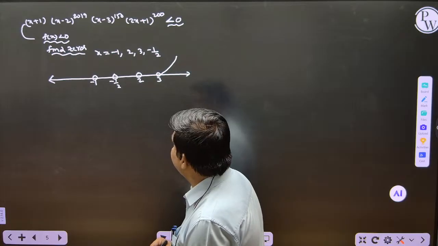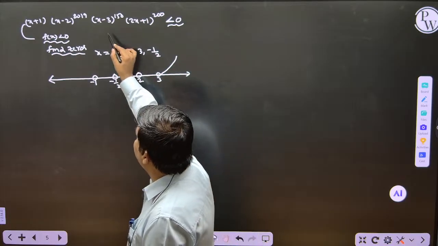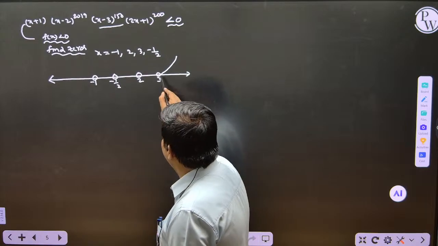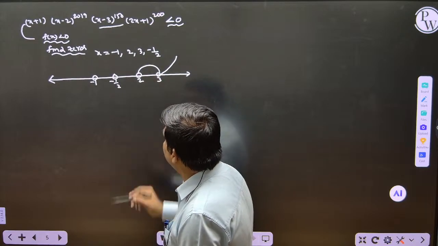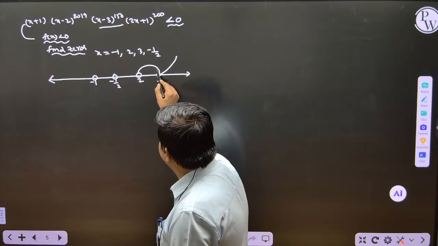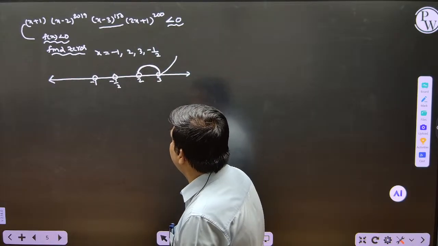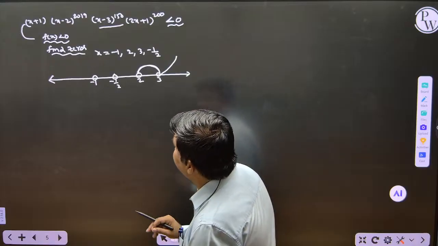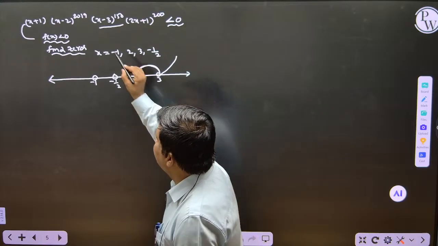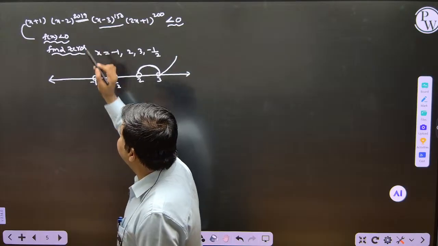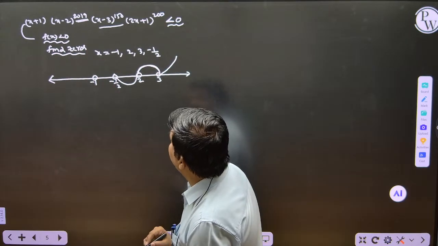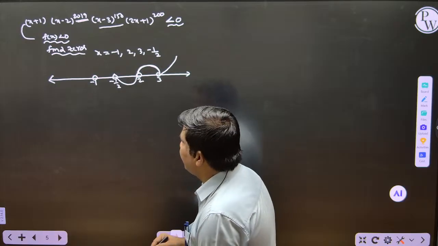Coming to 3, its related power is what here? 150, even. So it will not cross. And again switch to which one? Second point, that is 2. See, its related power is what? 2019. It is an odd number. So it crosses the line. Next is what? Minus 1 by 2.